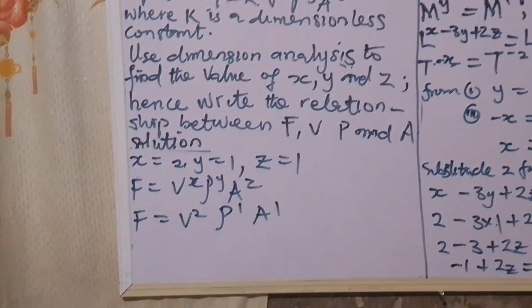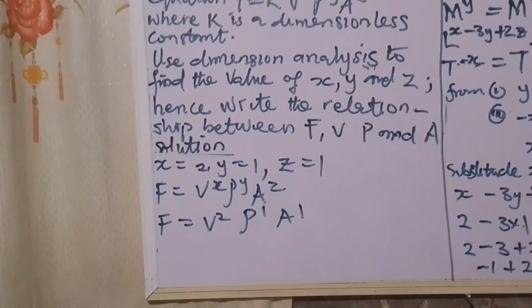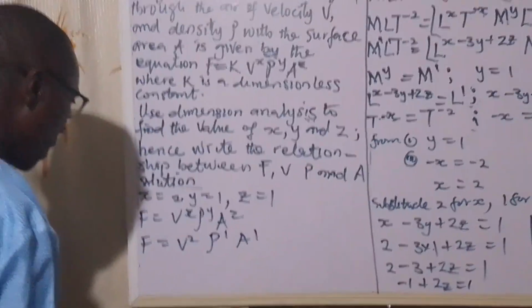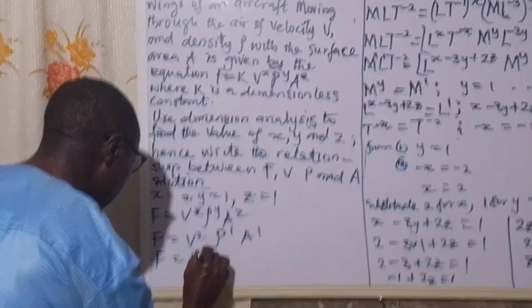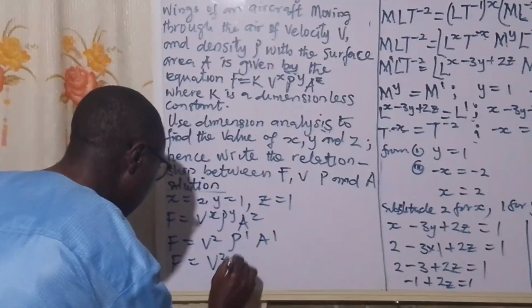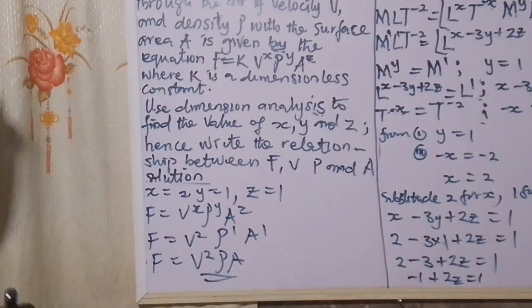Now from this point, to write the formula, it will give us f will be equal to v squared p a. That's the final answer.